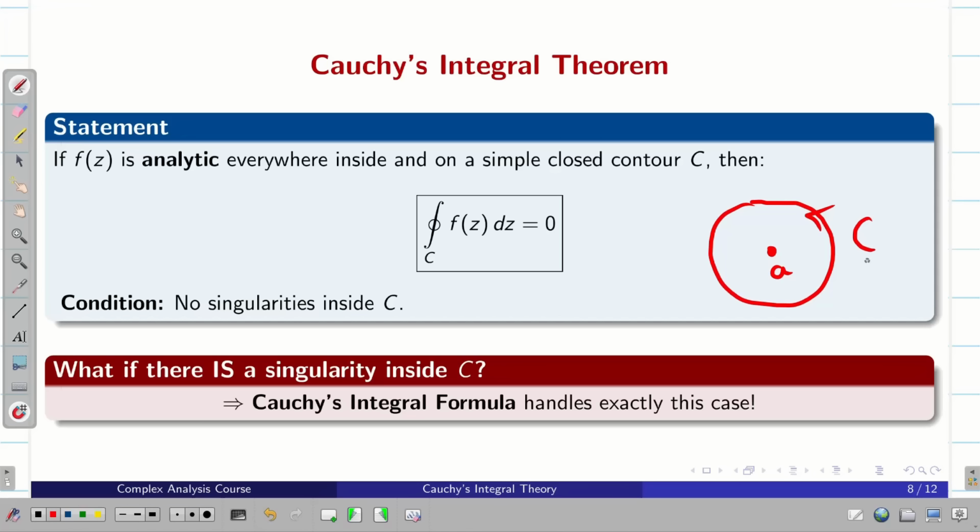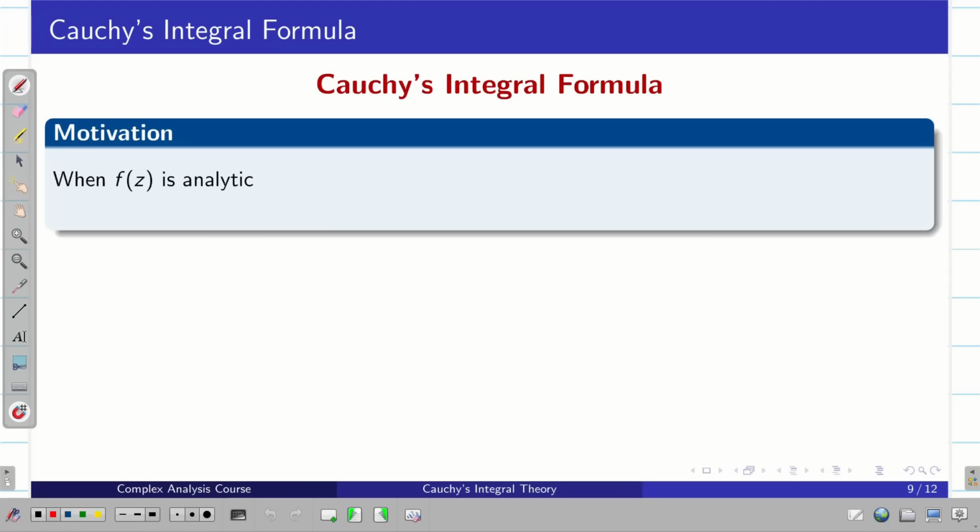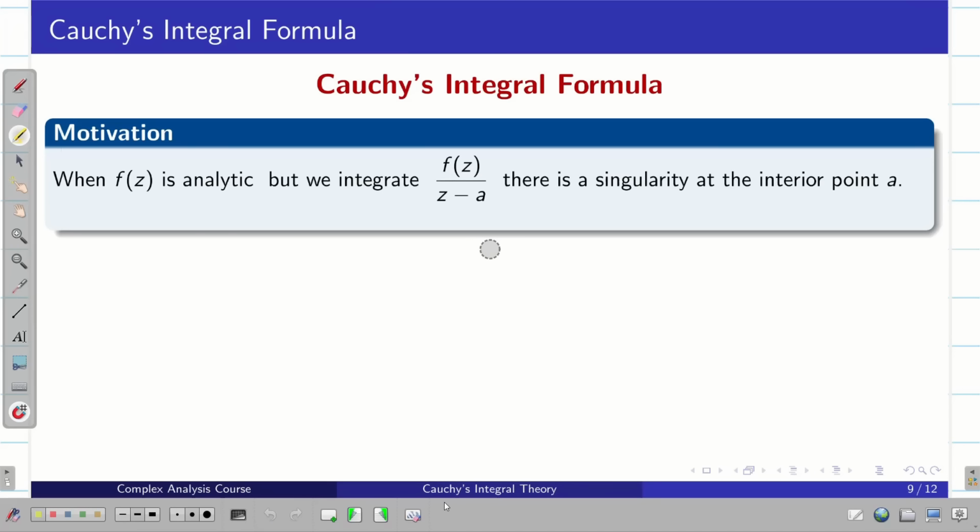For this, next we are going to learn the Cauchy integral formula. Suppose we take f of z as an analytic function. If you try to integrate f of z divided by z minus a, now the problem comes because z equal to a is a singular point and a lies inside the contour C, then the answer cannot be 0 anymore.